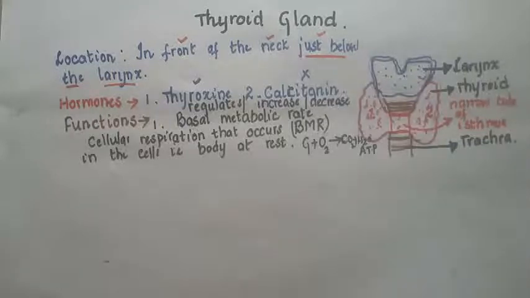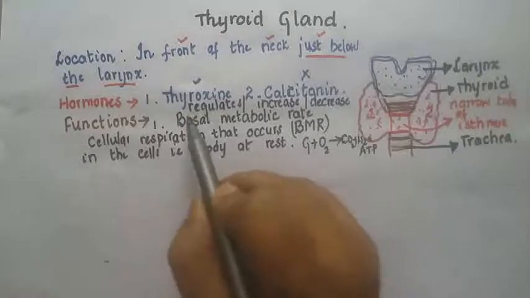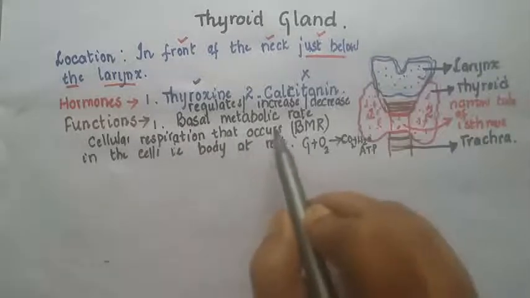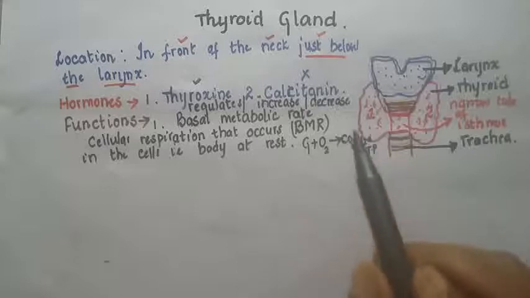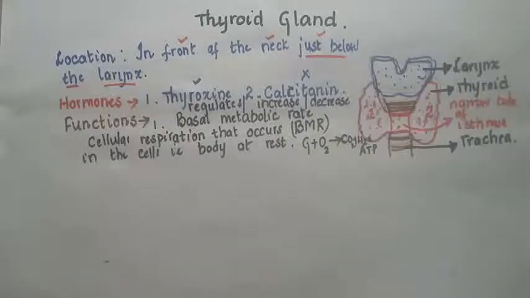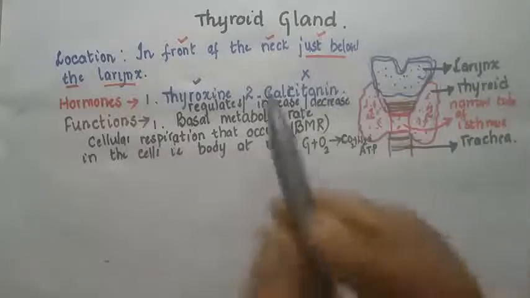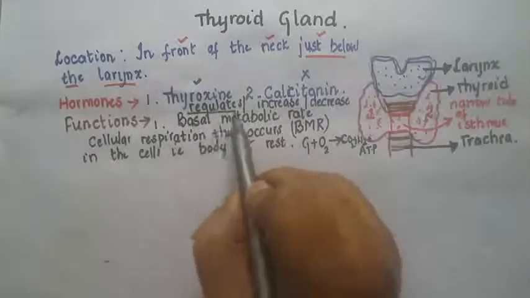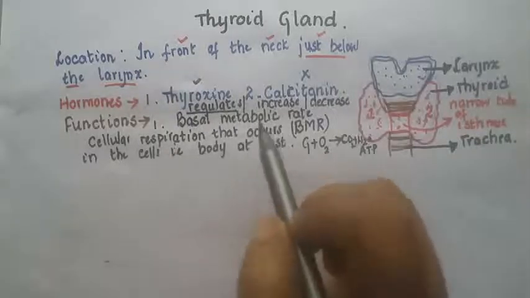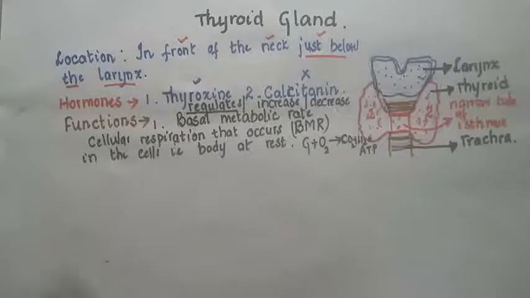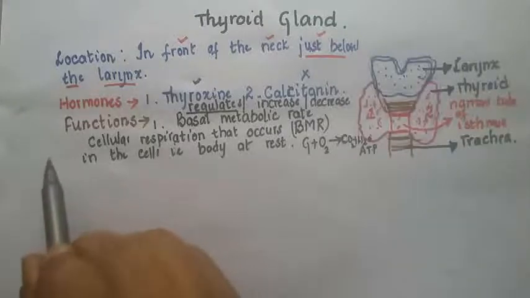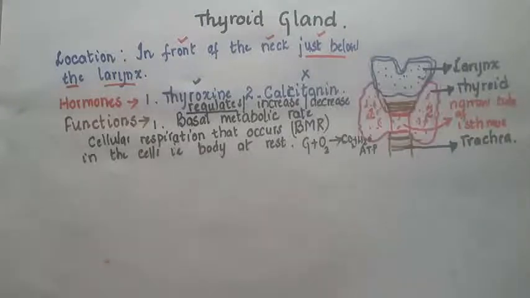When there is less secretion of thyroxine, it leads to a decrease in the metabolic rate. So whenever they ask you about the function of thyroxine, children, you have to write that it regulates the basal metabolic rate, or you can write that it regulates the cellular respiration in the cells.